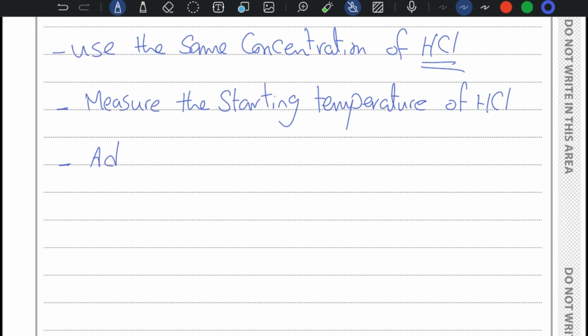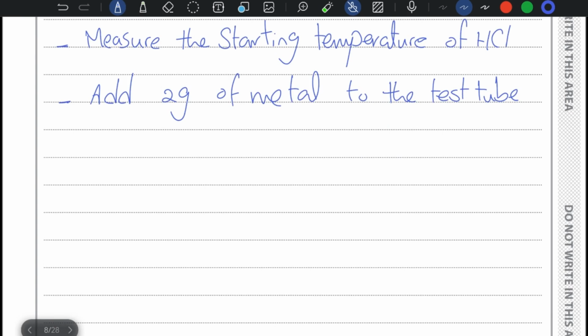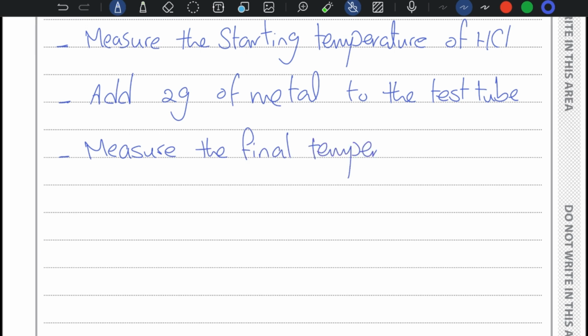So we can mention add, let's say, 1 gram or 2 grams of metal, each metal, to the test tube. What we measure at the end, we have a thermometer, so measure the final temperature in the test tube.